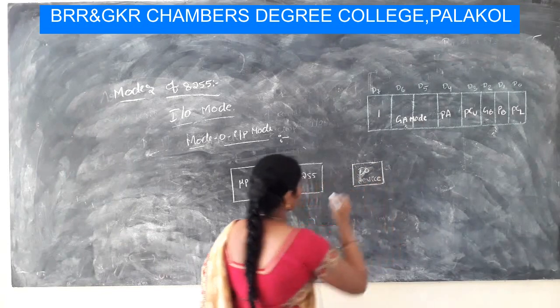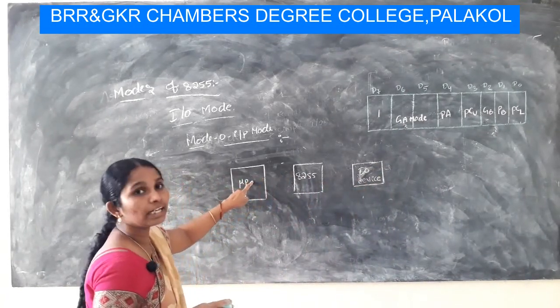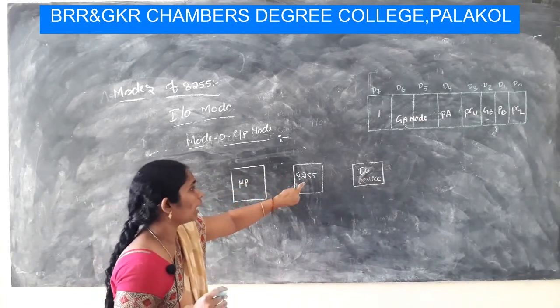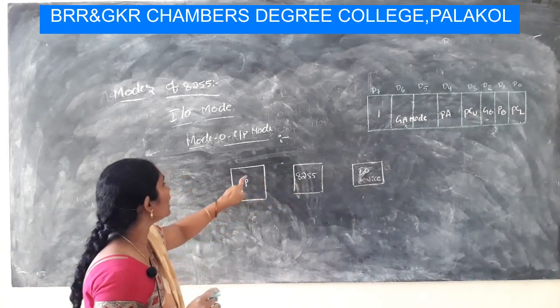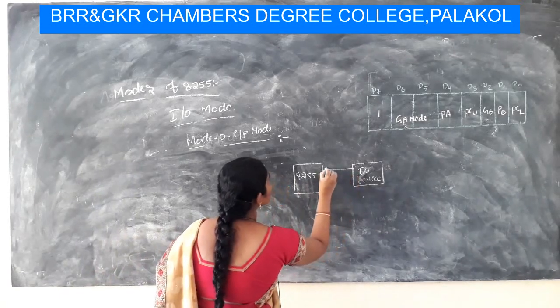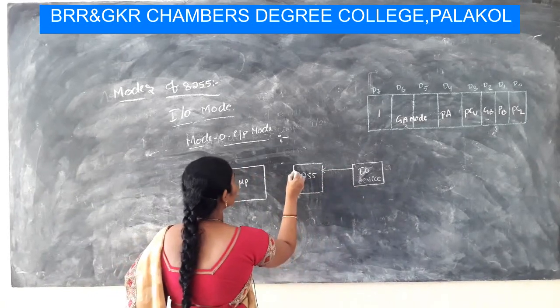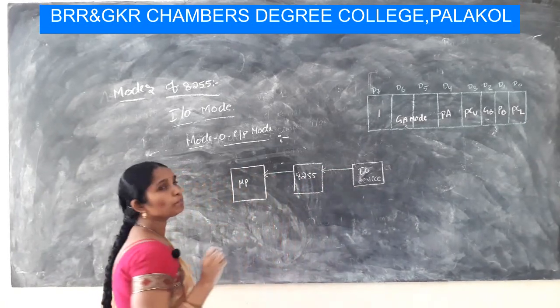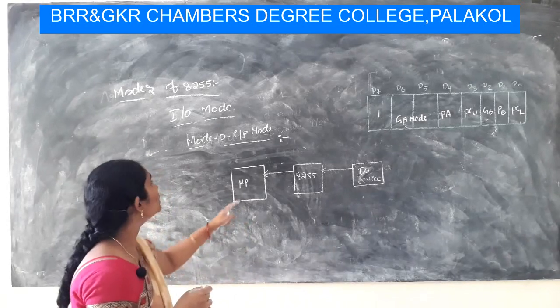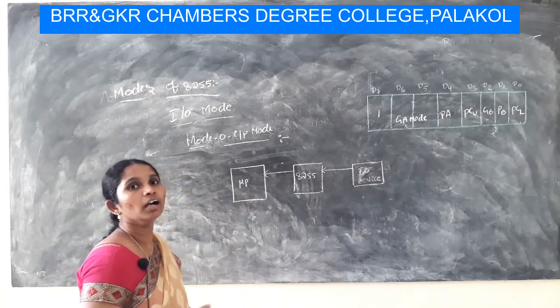The input operation is nothing but the peripheral will send the data to this 8255, and 8255 again sends the data to the microprocessor, that means the microprocessor can receive the data.